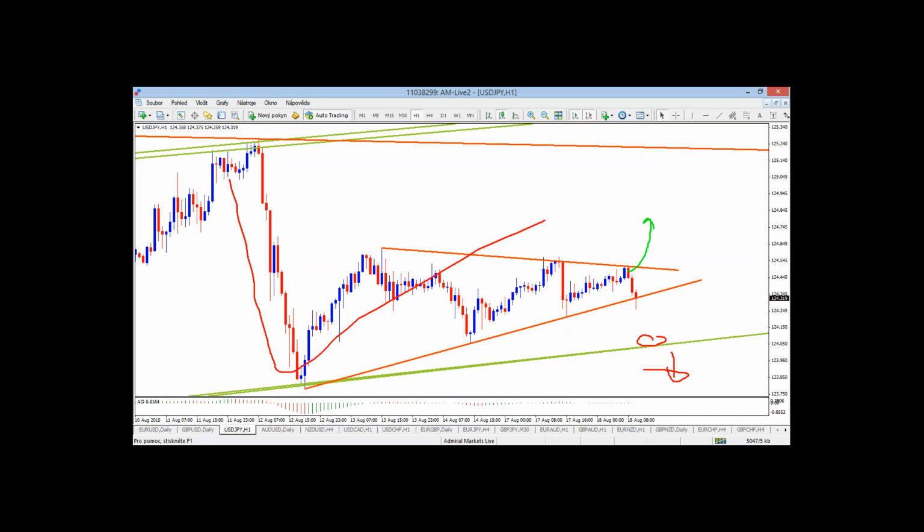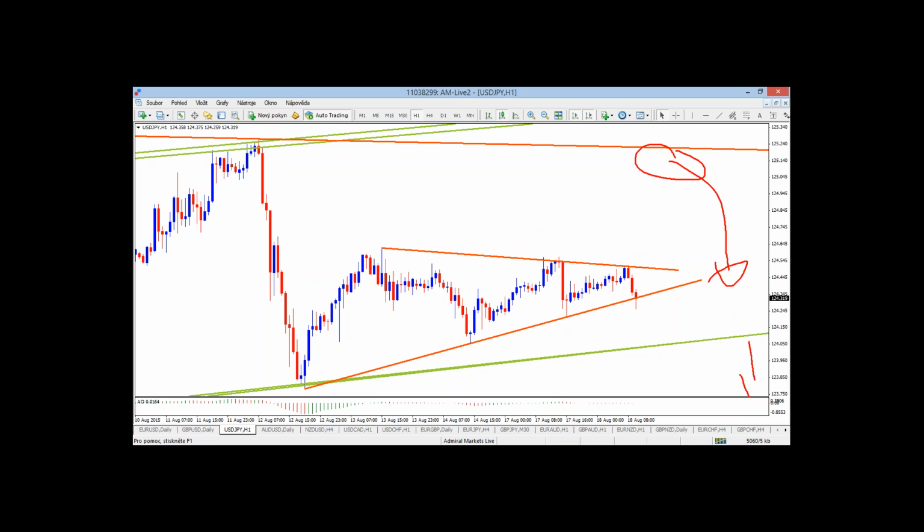Ultimately, though, I think this could still turn as it retests this top in here. So the support of the break of green could be continuation of the zigzag. The break of orange to the upside could be a small upside to this resistance, which I would expect again a turnaround to the downside.